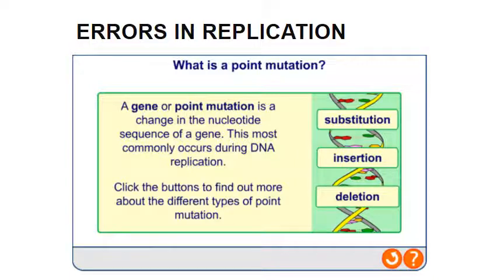Here we can see the incorrect base has been substituted. When the gene containing the error is replicated in the next cell cycle, at least one copy will retain that error, and the incorrect base will be paired with its complementary nucleotide, and this is what will complete the mutation.